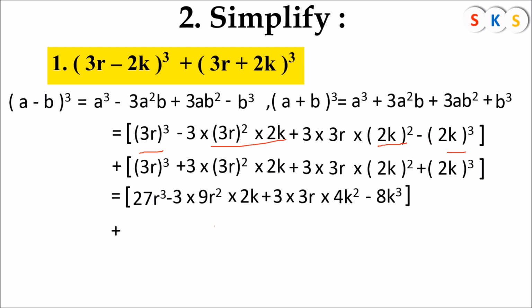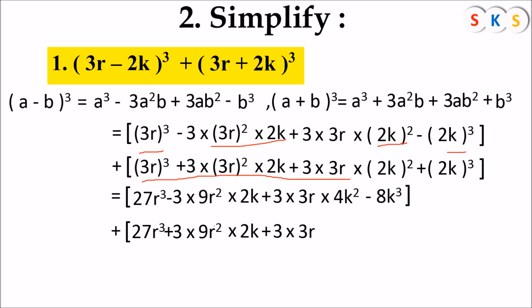Close the bracket. Now we will expand the second part the same way. So what we'll get here? 27r cube plus 3 into square of 3r is 9r square into 2k, plus 3 into 3r into square of 2k, that is 4k square, plus cube of 2k, that is 8k cube. Now we will simplify this further.